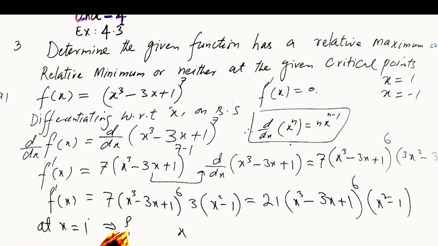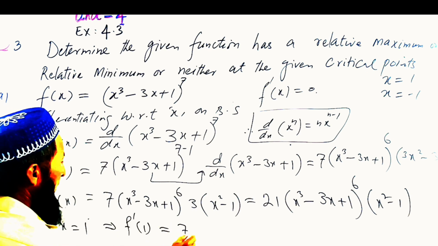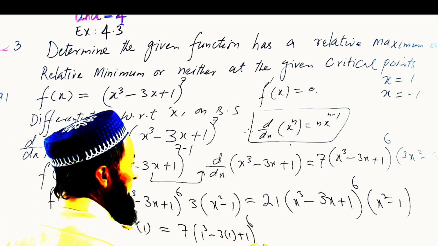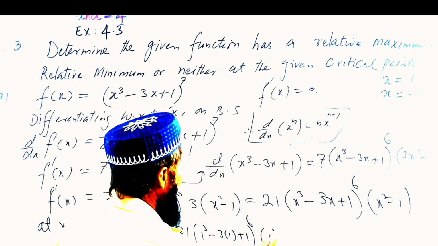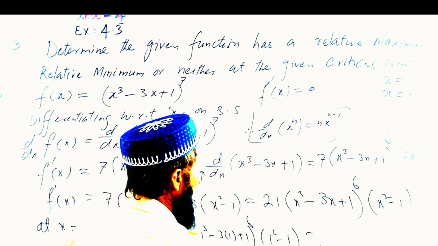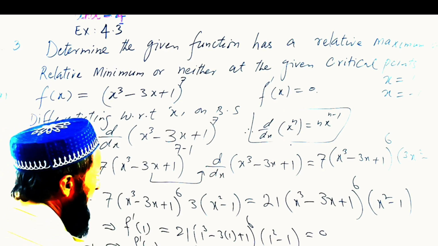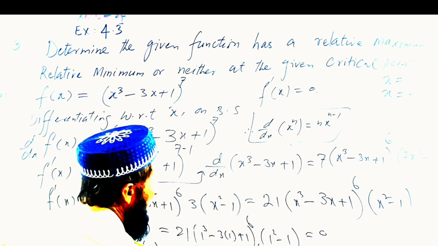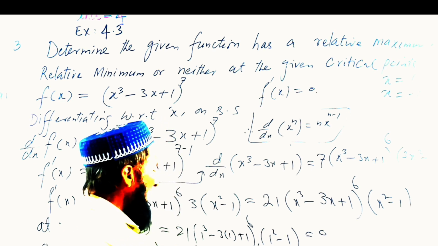So f'(1) = 21(1³ − 3·1 + 1)⁶ (1² − 1), and 1 − 1 is 0, so the result is 0. Similarly at x = −1: 21(−1 + 3 + 1)⁶ ((−1)² − 1), again 1 − 1 is 0, and 0 multiplied by this term gives 0. This is the first condition we apply.